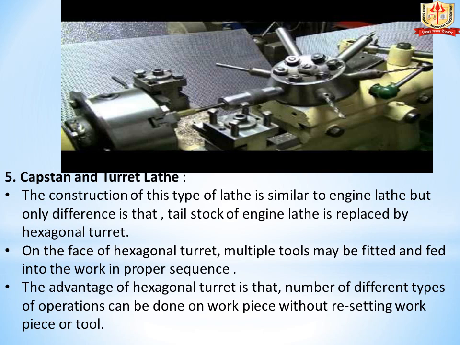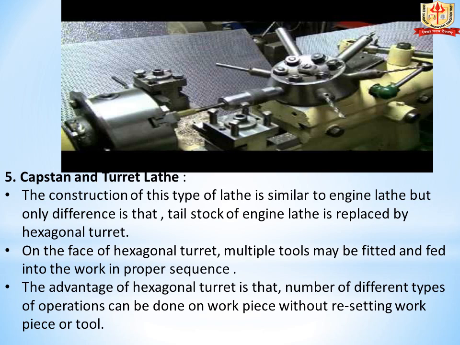The main advantage of the capstan and turret lathe is that in an engine lathe, speed lathe or other lathe, there is a changing of tool when different operations are performed. For different operations, different tools are required. So in normal lathe machines, different tools are set as the operation changes.